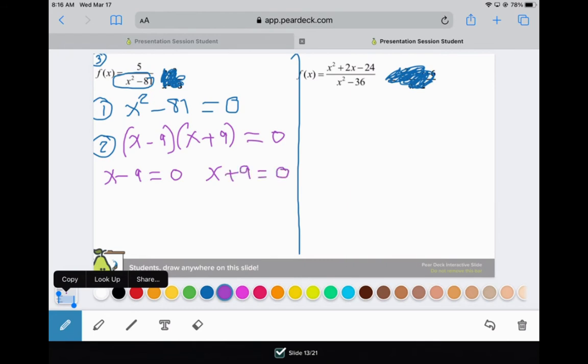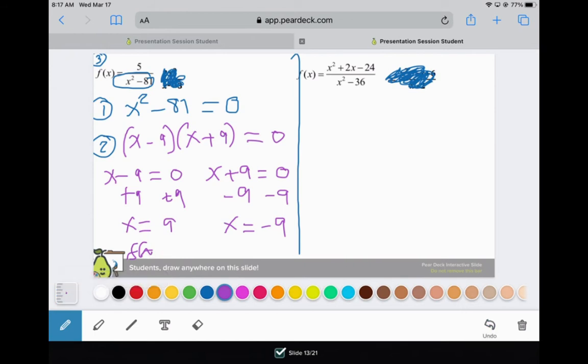Plus 9, so x is 9; minus 9, x is negative 9. So the function is not continuous at what point then? Negative 9 and 9. So we can say not continuous at x equal negative 9 and 9.